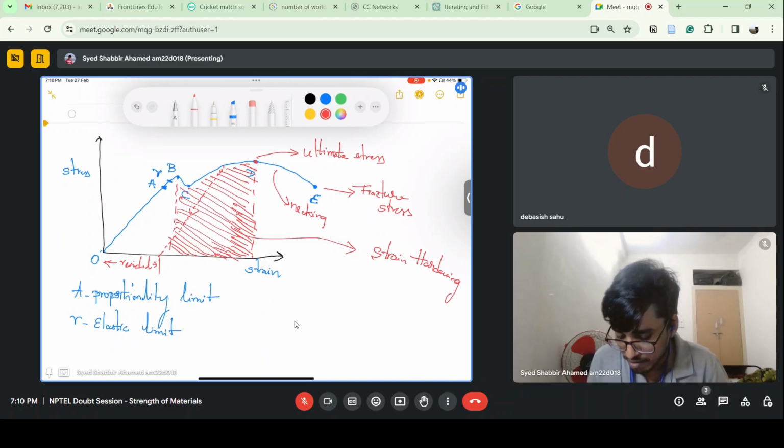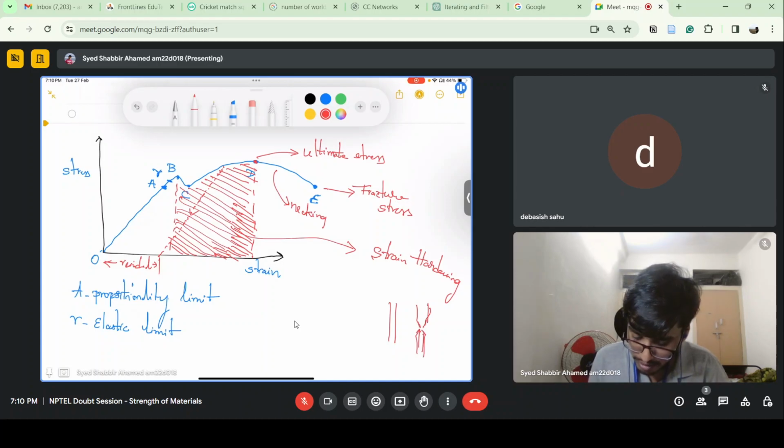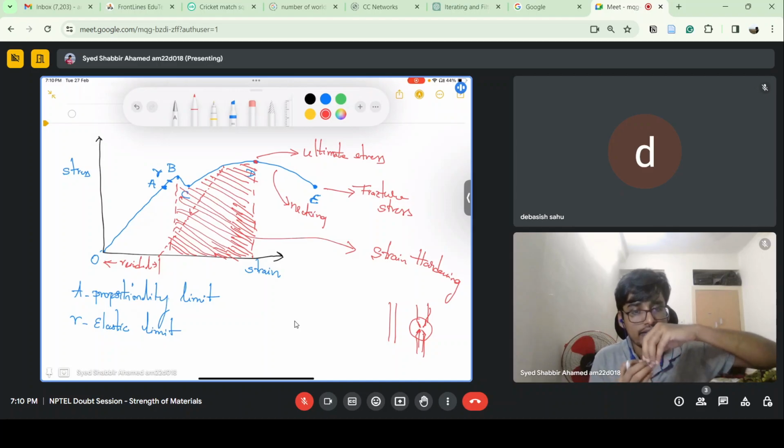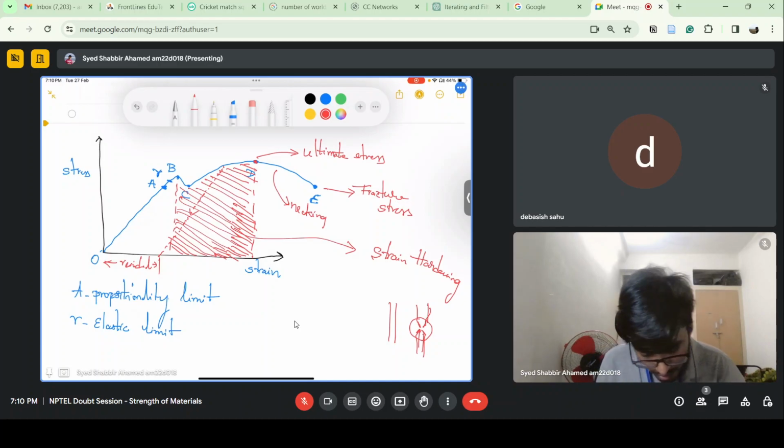If you have a material like this, due to the applied load, necking deformation will happen, like a reduction in diameter or dimension, and after this necking happens, the material will fail. So this is called the necking zone.